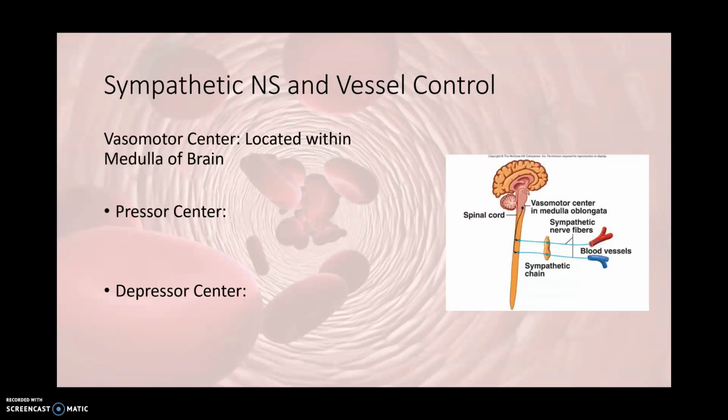So the depressor area does not send a signal to the vessels to say actively dilate, but instead it tells the pressor area to back off on its discharge. By backing off on its discharge, we will induce what's called passive dilation.